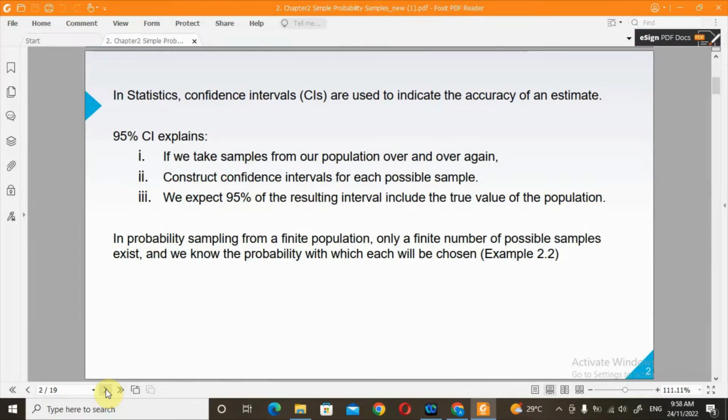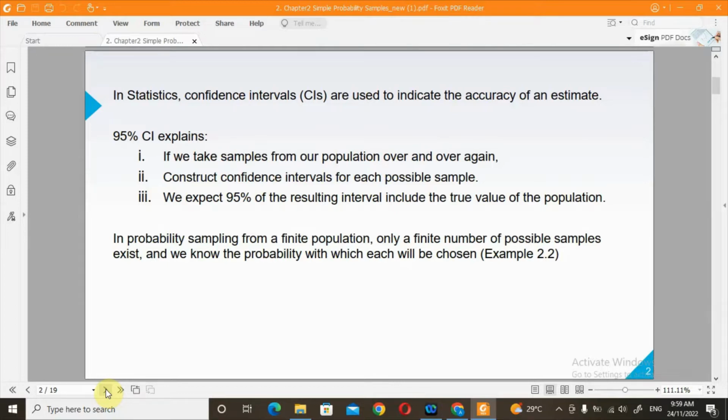If I'm not mistaken, in our previous example, example 2.2, we came up with 70 possible samples, and we were also able to calculate the population total and the standard deviation of each possible sample.